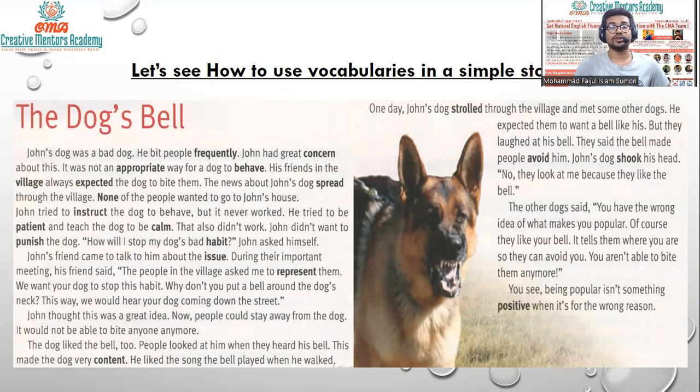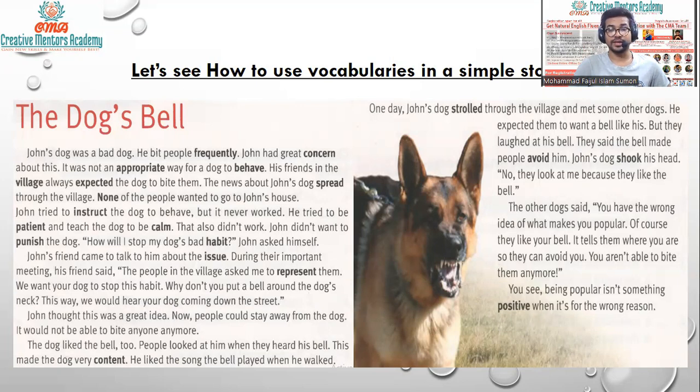And one day, John's dog strolled through the village and met some other dogs. He expected them to want a bell like his. But they laughed at his bell. They said the bell made people avoid him. John's dog shook his head. "No, they look at me because they like the bell."